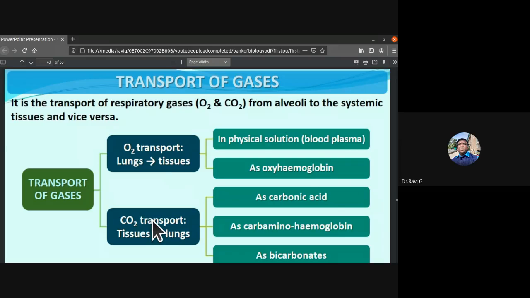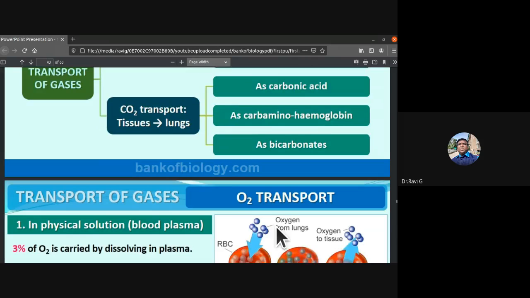Now, the carbon dioxide transport, which takes place from tissues to lungs: it is carried as carbonic acid, as carbaminohemoglobin, and as bicarbonates. Majorly, they are carried as bicarbonates. Let us understand about them in detail.